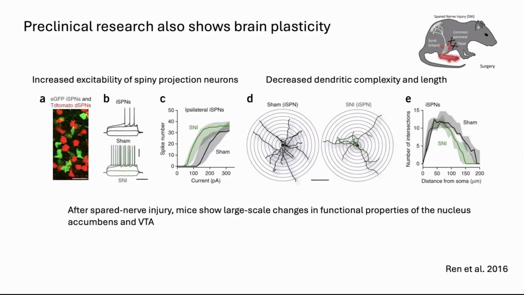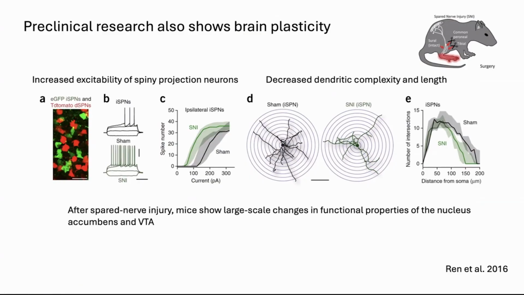So in this slide, I want to go back again to some basic science and highlight the importance of translational research. Here, the authors went back to the preclinical models. So this is a spared nerve injury model. Basically, we cut two out of three branches of the sciatic nerve.